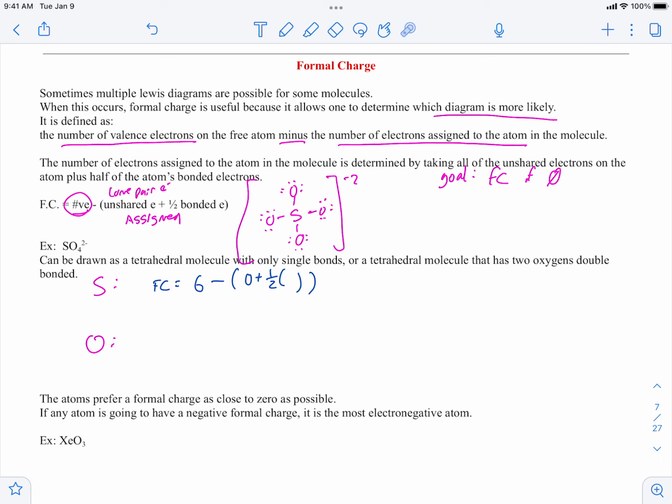How many electrons are currently bonded to sulfur? 8. So what we have is 6 minus 4 for a formal charge of 2. Formal charges that are positive are generally not likely.